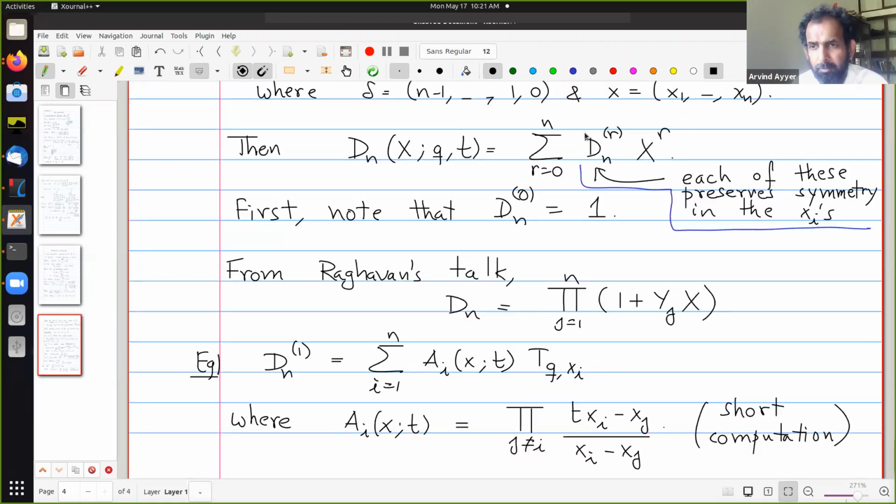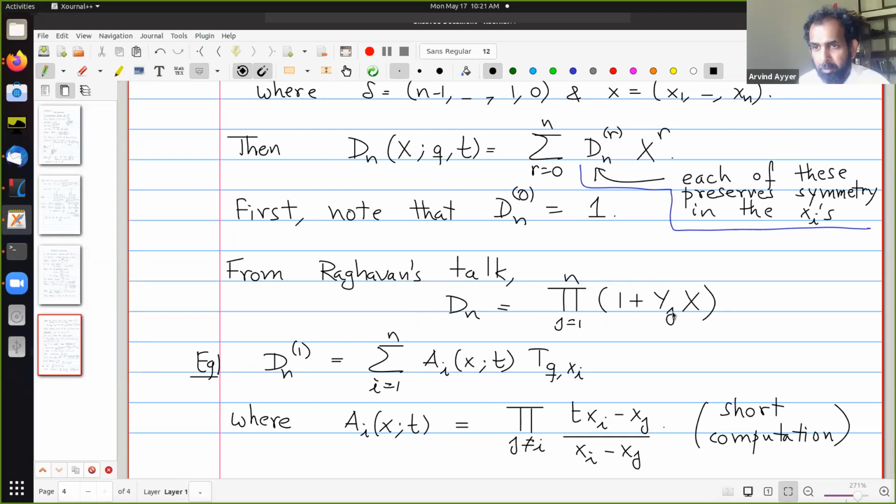Right, and the coefficient of X to the r in this product is an elementary symmetric function in y_1 up to y_n.